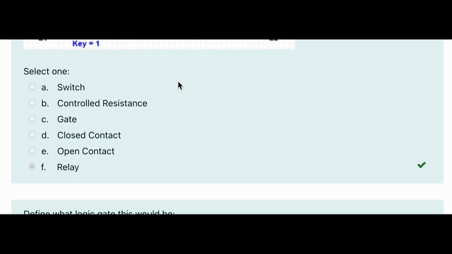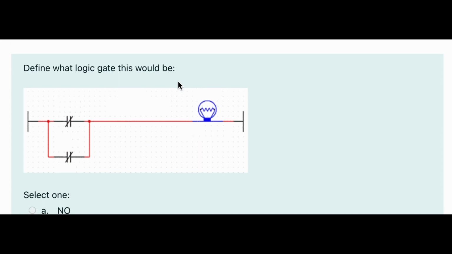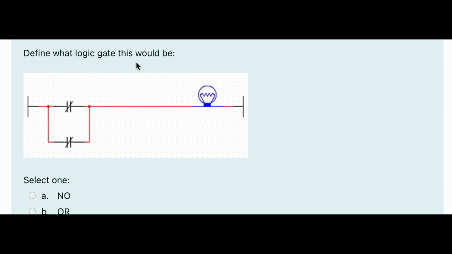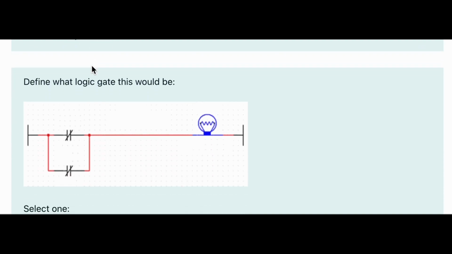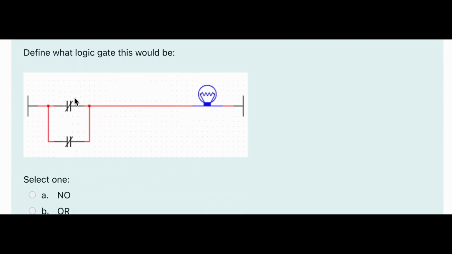And now we're going to look at the NCs and NOs here. So we're asked to define what logic gate this would be. Well, if we look at this, let's do a truth table. So these are both closed circuits right here, right? They're normally closed. So that means the current is going to flow through both of them. So when our switch is open, these are closed, meaning that when our switch is 0, 0, our output's going to be 1.